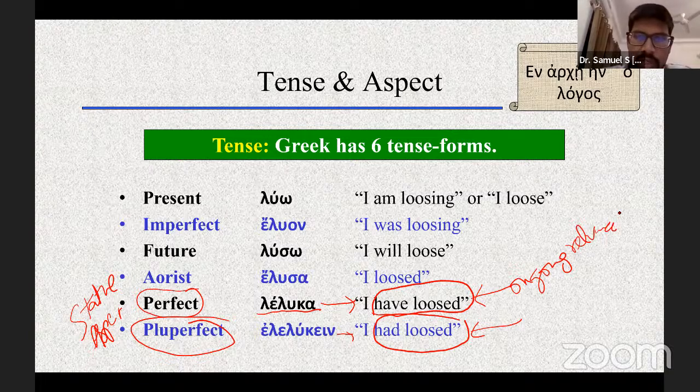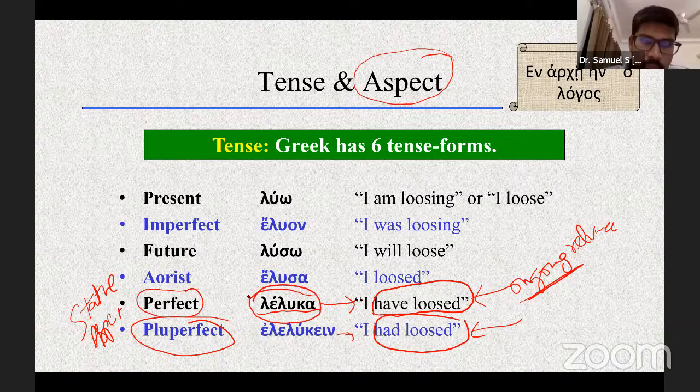But what we are saying through the aspect is that we as translators, or we as people who are learning the grammar, need to realize that this perfect tense form is somehow communicating it.